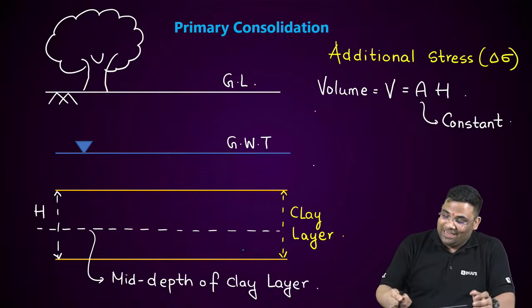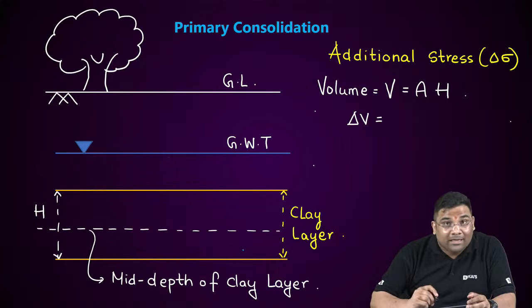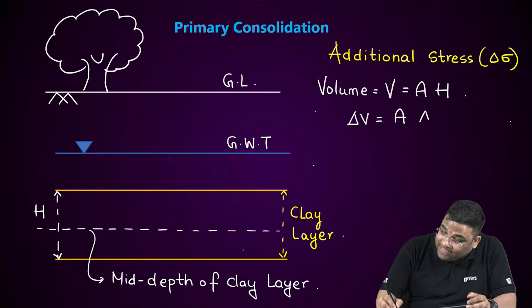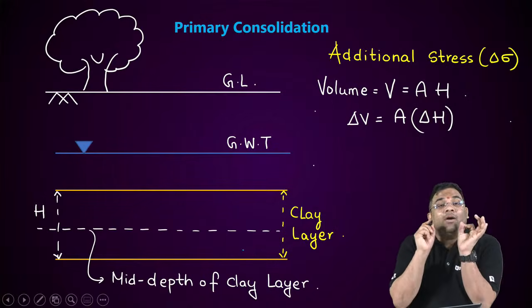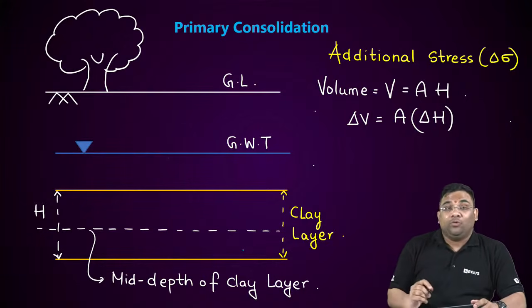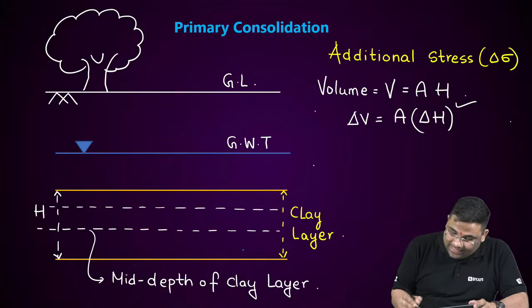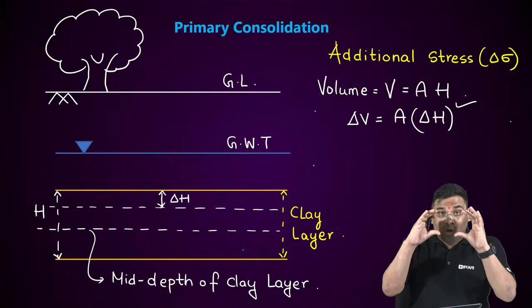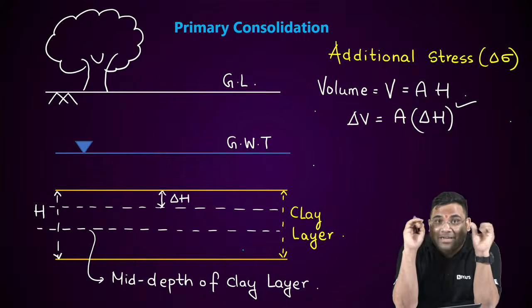So whatever is the change in volume will be area into change in depth. The reduction of volume of this clay layer or soil is due to this delta H. And this delta H is known as the settlement. The soil volume will reduce, and the thickness of the clay layer will decrease.